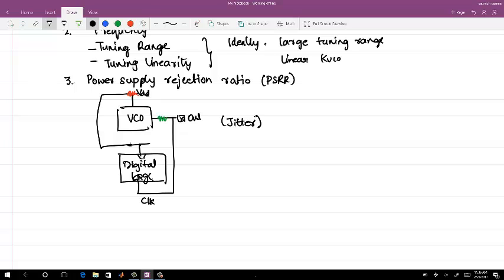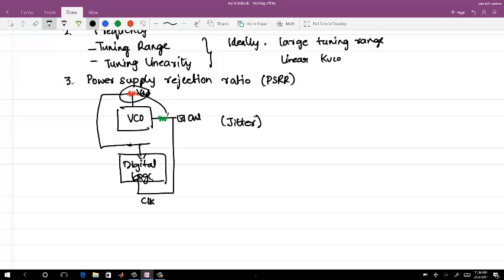And that noise can travel back to the supply of the VCO, which can change the timing. So the PSRR is a measure of how much noise is there on the supply and how much change it causes in the timing jitter at the output of the VCO.